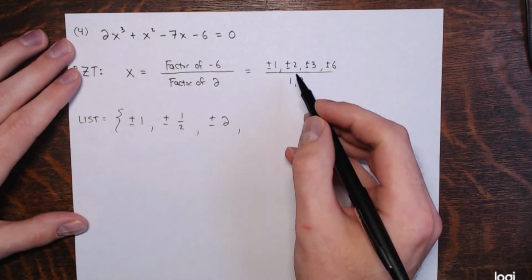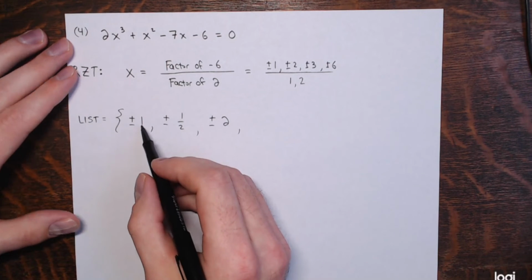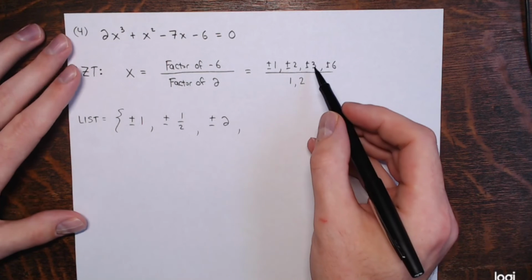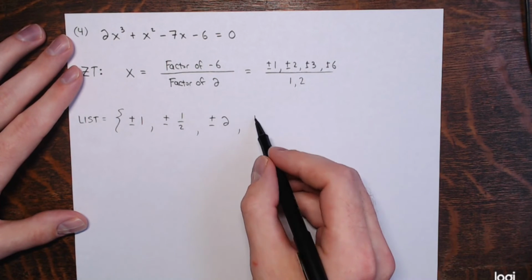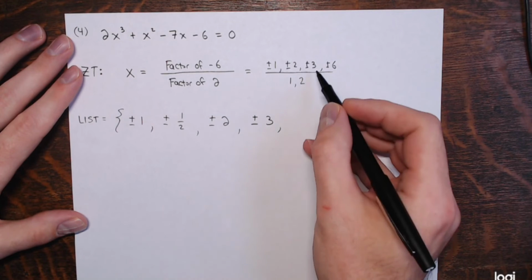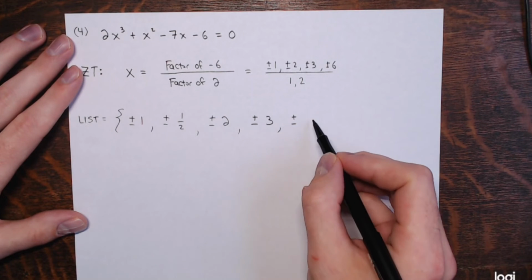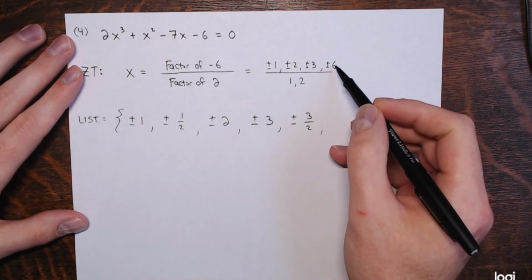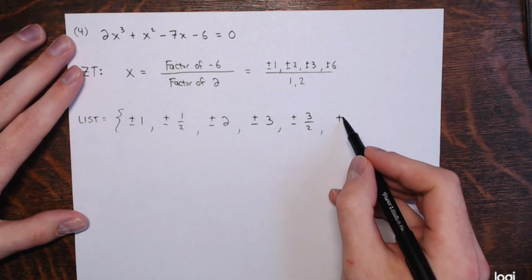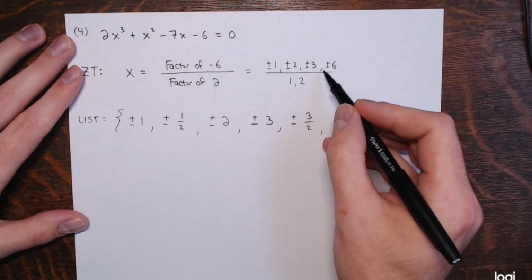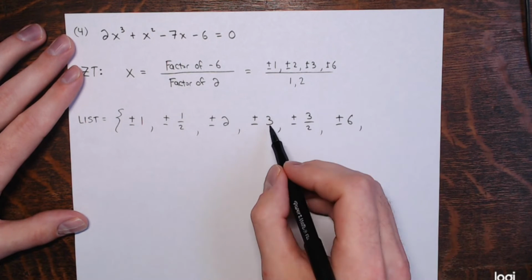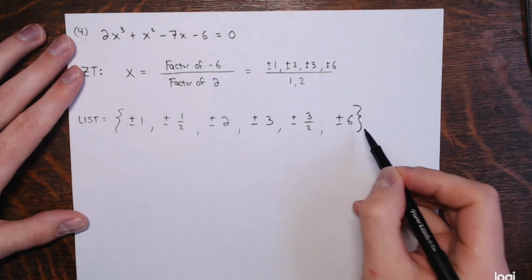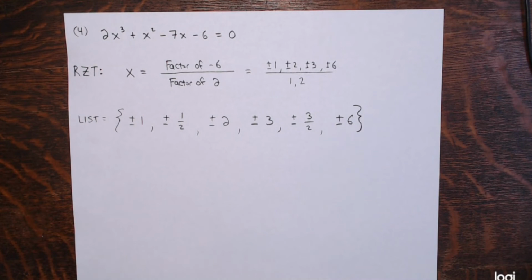Then 2 over 2 I already have, that's 1, so I don't need to write that again. Then 3 over 1, positive or -3. 3 over 2 I don't have, so positive or -3/2, or 1.5. And then the 6, positive or -6. 6 over 2 I already have, that's 3, so I don't need to write that again. And there you go. These are 12 numbers that are possible rational zeros.